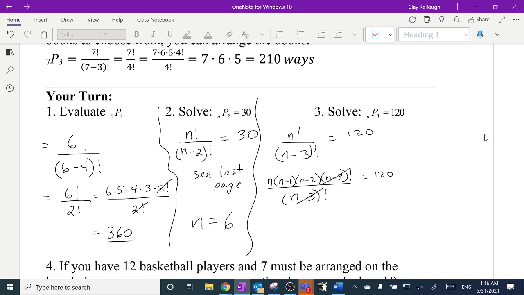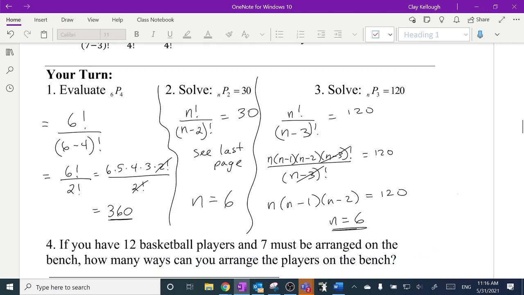So again, you can either guess and check using logic, since you know n has to be a whole amount. What number, when I times it by the number 1 smaller times the number 2 smaller, gets me to 120? And 120 is 6 times 5 times 4, so n had to be 6. Feel free to multiply that out, get a cubic, and then use your skills from earlier this year on solving that cubic. But that would work too.